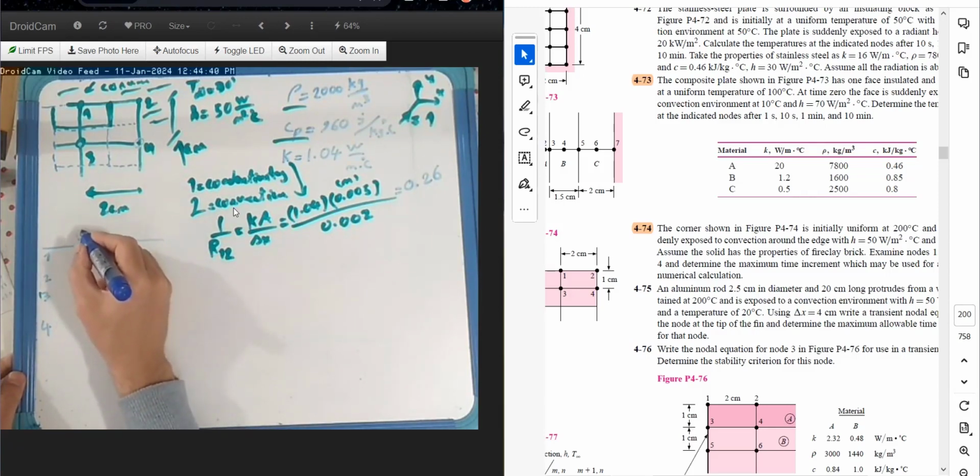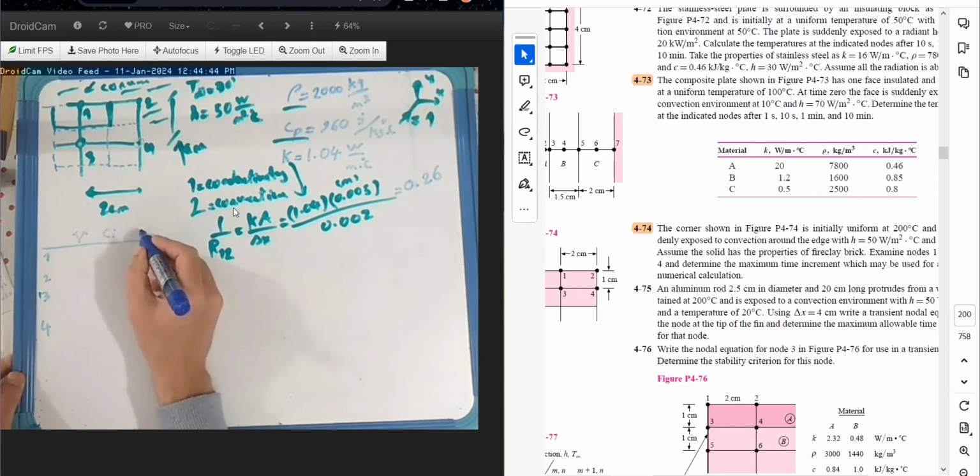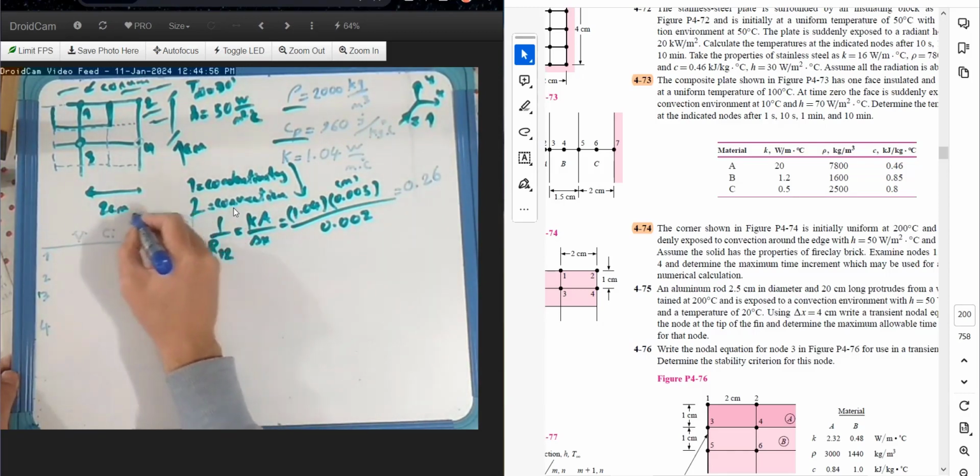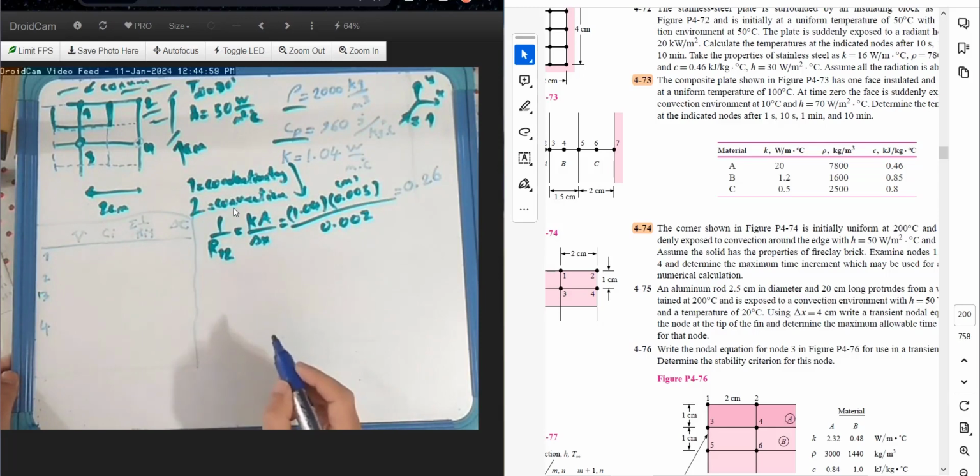This would be V as volume, Ci, 1 over Rij, and this delta T. I will fill this table in the next processes.